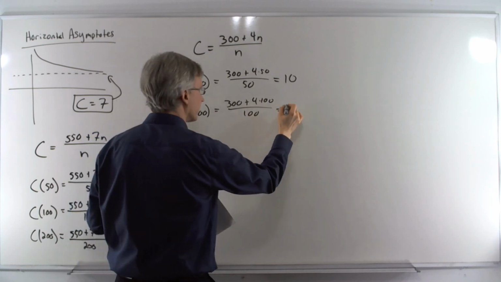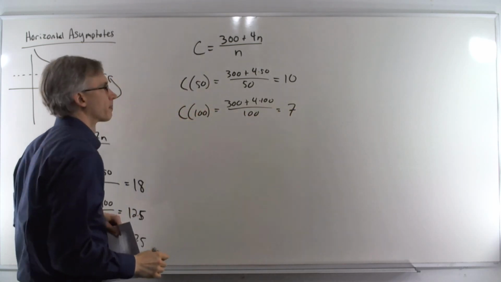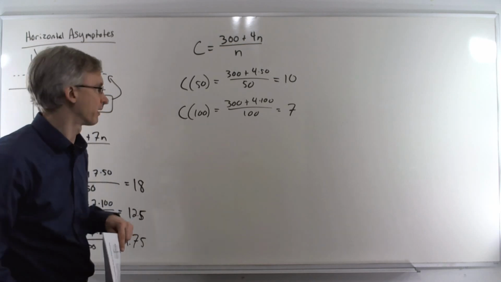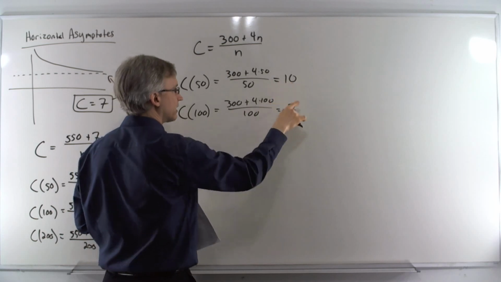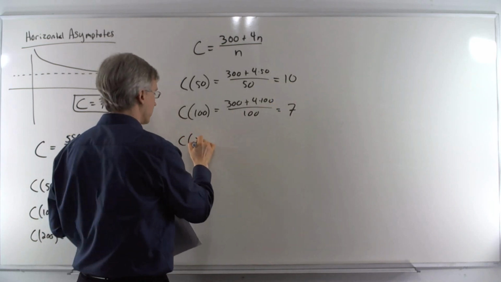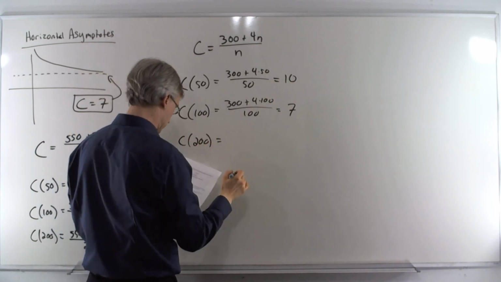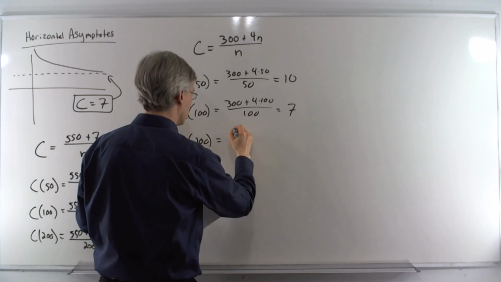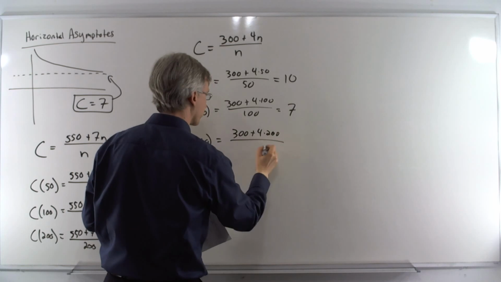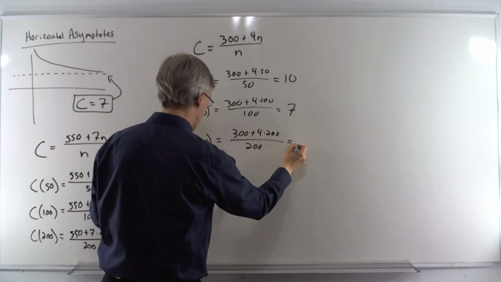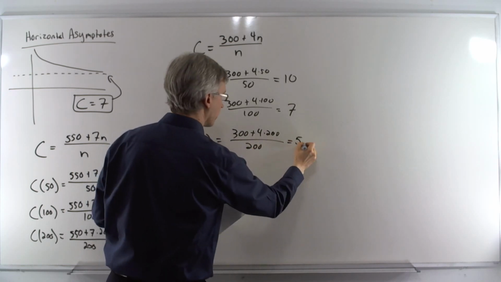And that gives us 7. So the price per guest keeps dropping. If we go from 50 to 100 guests, the price per guest drops from 10 to 7. All right, now let's try 200. So 300 plus 4 times 200 over 200, and we get 5.5.